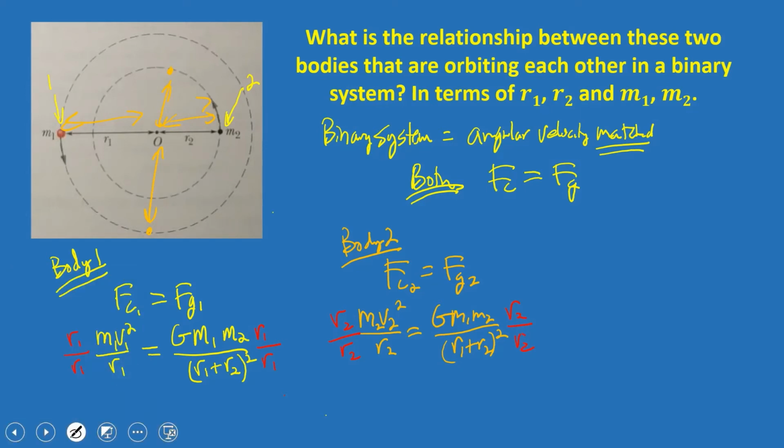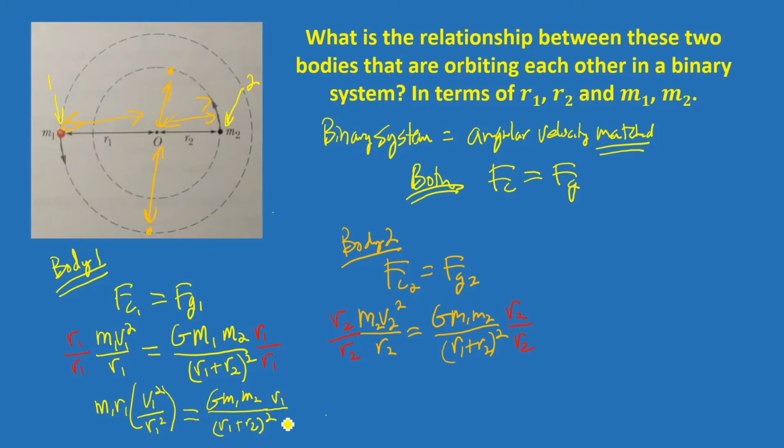Okay, and so what do we get? We get M1 R1 V1 squared over R1 squared will be equal to G M1 M2 over R1 plus R2 squared R1 over R1. Okay?